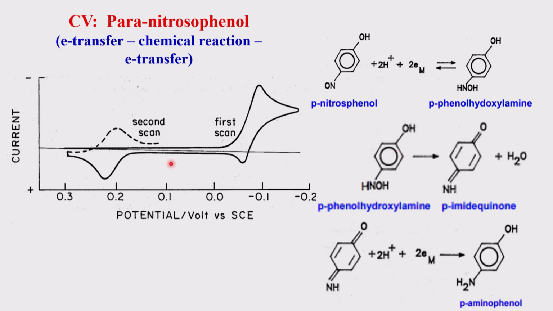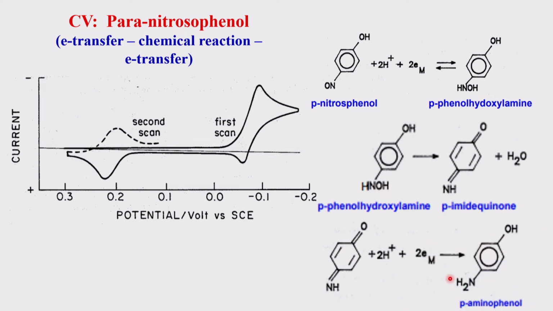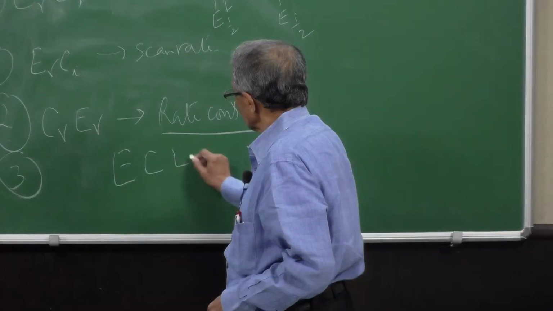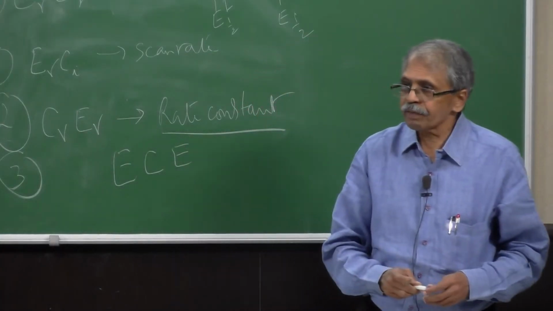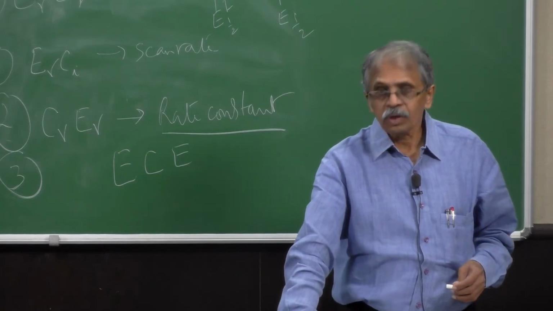This is 1 electron transferred in whatever intermediate species that you have. So, you have an electron transfer first, then a chemical reaction, and then an electron transfer. Therefore, this is called the ECE reaction, electron transfer, chemical reaction, electron transfer, that you have seen. Okay, I hope that example is also clear to you.